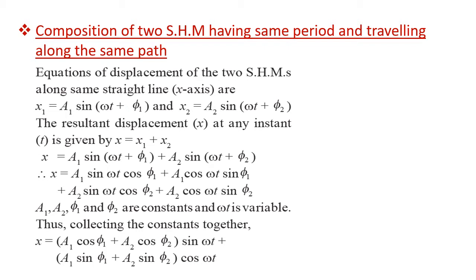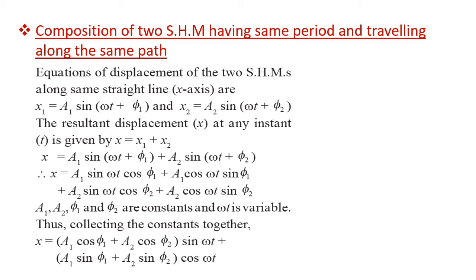Now the resultant displacement at any instant, as we said, will be calculated as per the superposition rule. So it is given by x equals x1 plus x2. So substitute the values of x1 and x2 from the above equations.